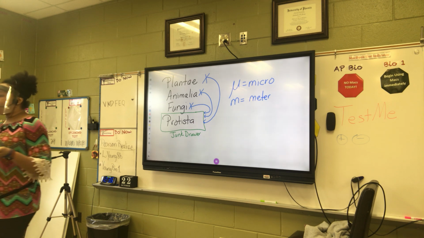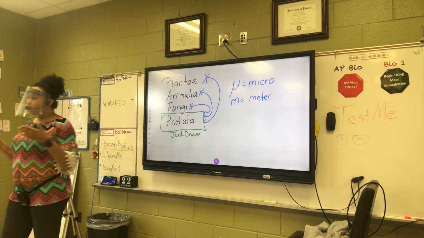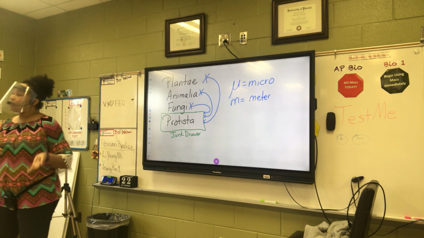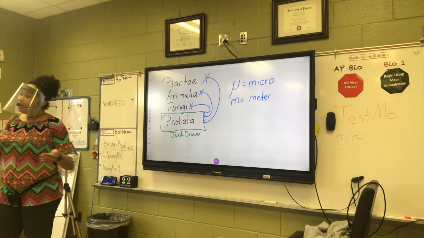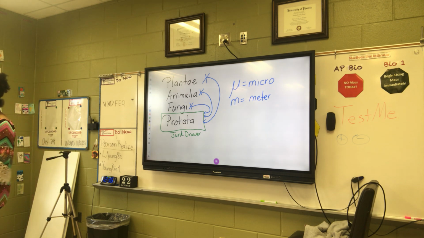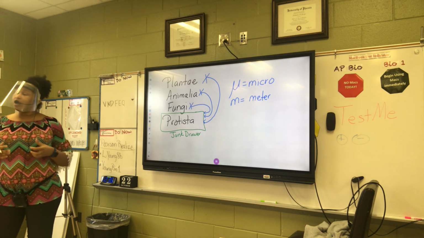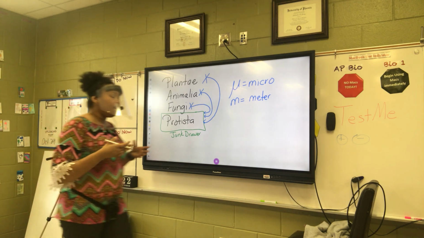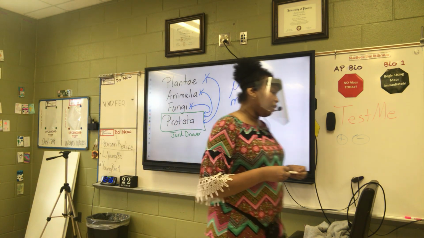The purpose of the cell membrane is to be a barrier between the internal contents of the cell and the external environment. It controls what enters and exits that cell to help maintain homeostasis, or help keep the environment inside stable. If the cell membrane was not there, there's nothing to separate the inside from the outside, so you have no barrier and you have no cell, okay? A cell does not exist without a cell membrane.